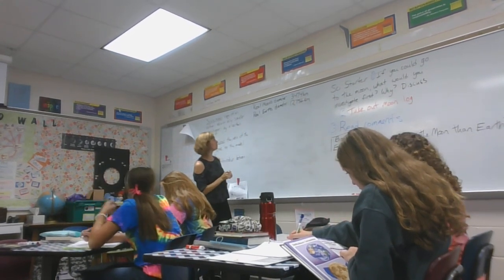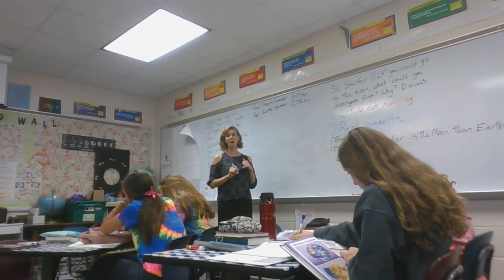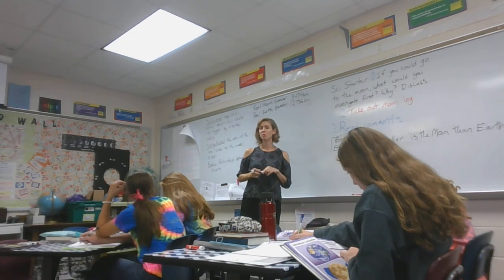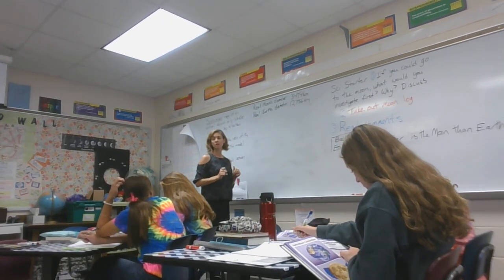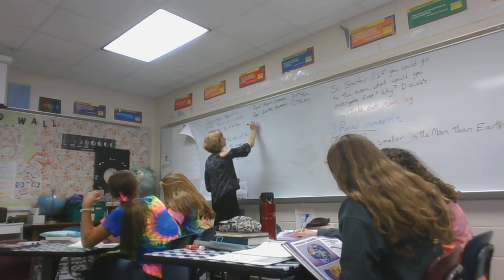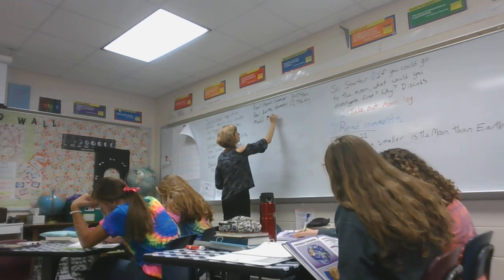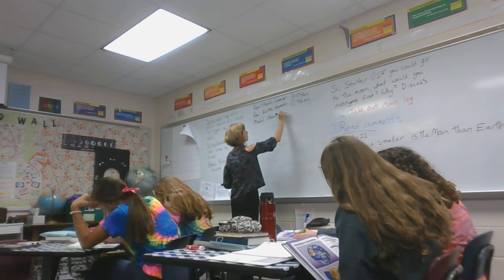Awesome. Okay, so we know the real moon's diameter. We know the real Earth's diameter. What else do we need to know to make a scale model of the Earth and the moon? The model moon's diameter. Yep.